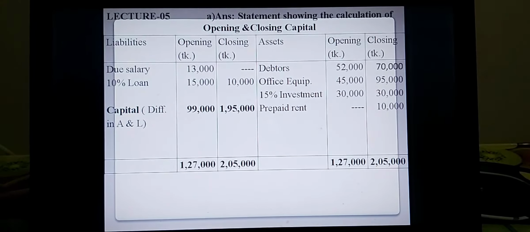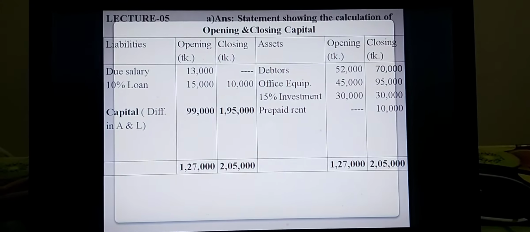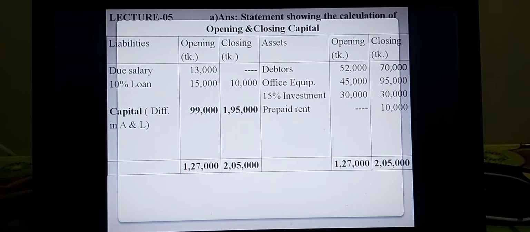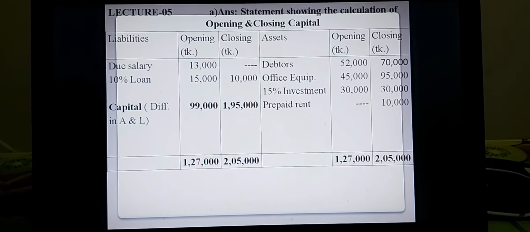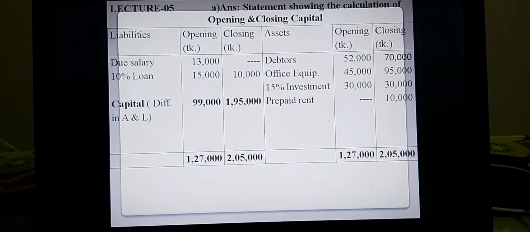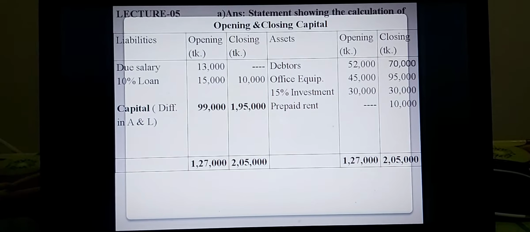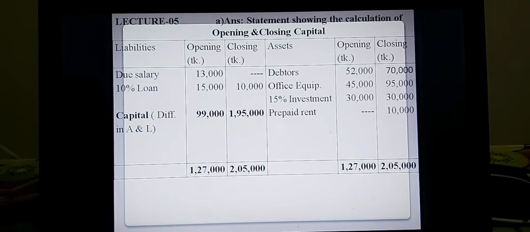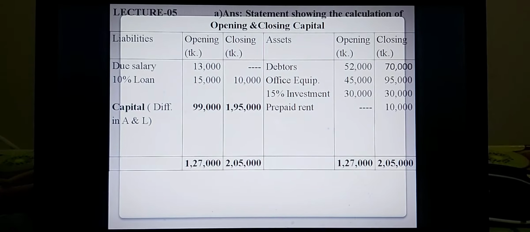And closing assets is taka 2,05,000 and closing liability is taka 10,000 only. So the missing amount 1,95,000 in this stem is indicated as closing capital.